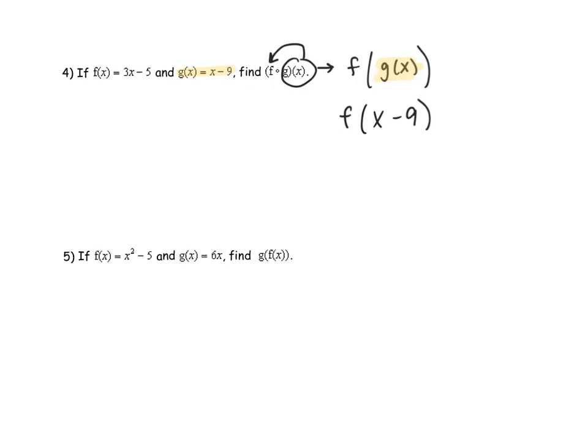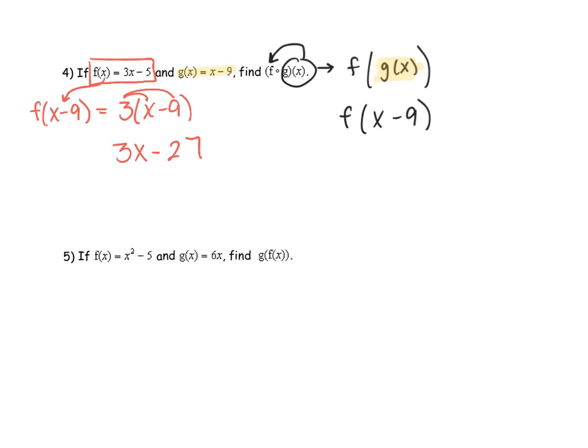So I'm going to go back to my f function, which is here, and I'm going to plug in x minus 9. So everywhere I see an x, I'm going to put an x minus 9. So 3 times x minus 9, and then I can just simplify. So 3 times x is 3x. 3 times 9 is 27.